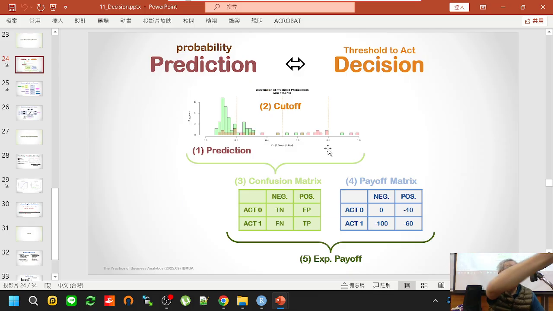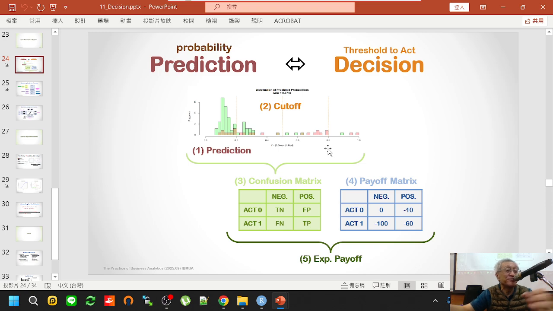So for every patient, we know his or her probability of being poor care. The probability is a value between 0 and 1.